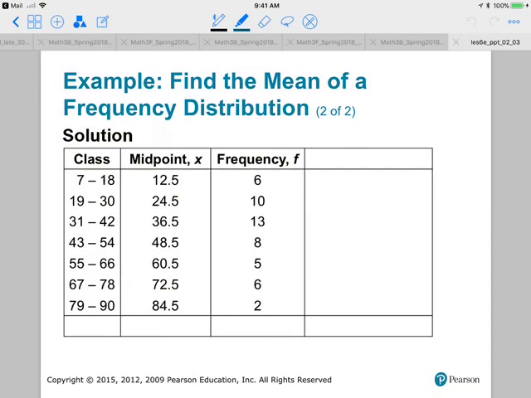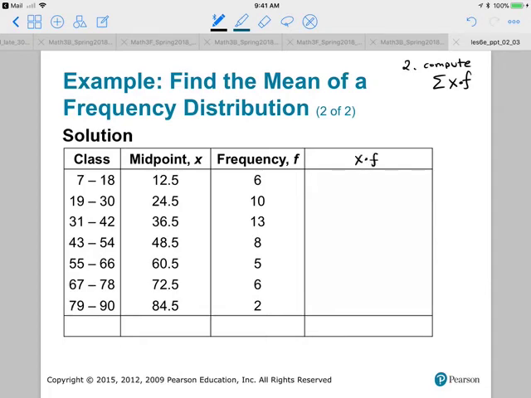All right, let's go ahead and fill this out. Step 2 is to compute the sum of the midpoints times the frequencies. What is 12.5 times 6? 75.